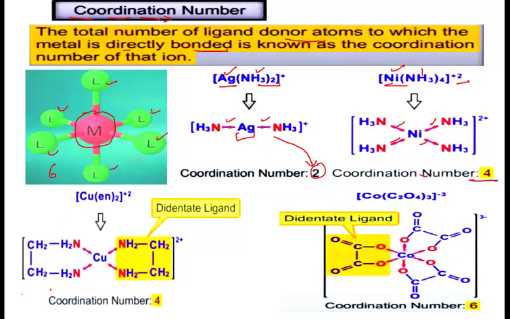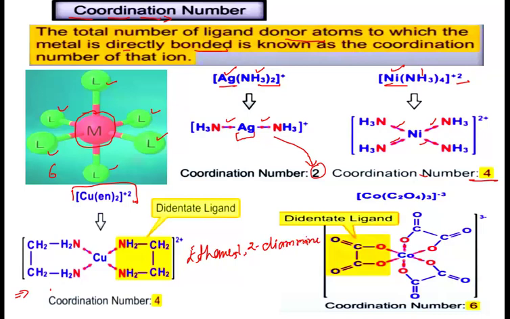Now another example in this figure. This is important. [Co(en)2]. What is en? En is ethane-1,2-diamine.